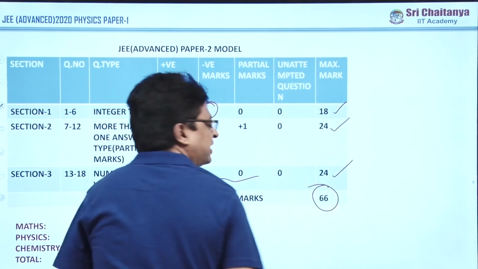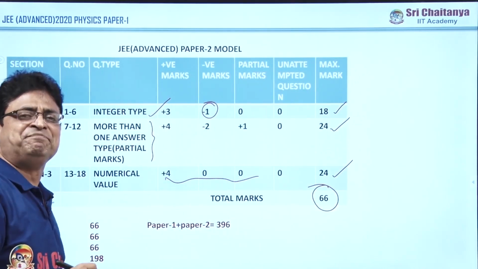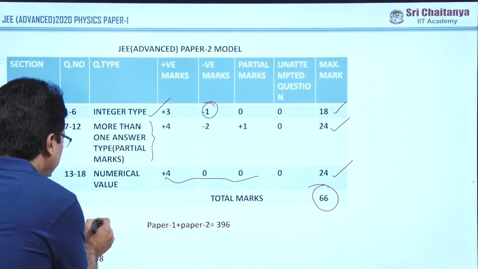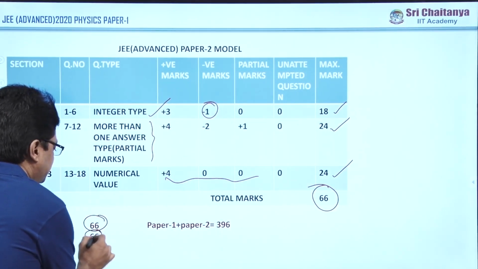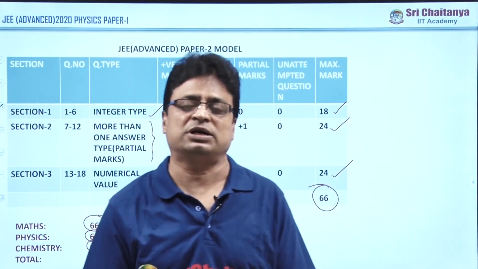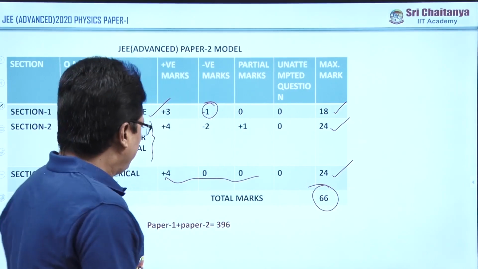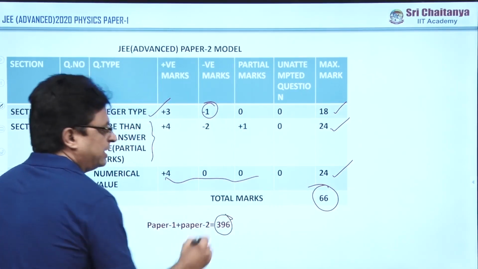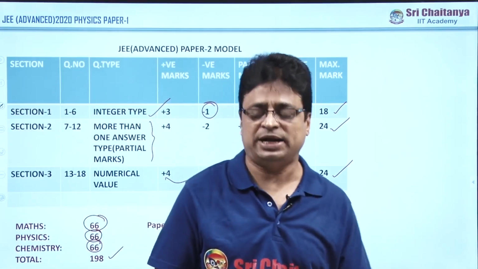Altogether, the paper was conducted for 66. This is about Paper 2. Similarly, mathematics was 66, physics 66, chemistry 66. Altogether, the paper was conducted for 198 marks. So Paper 1 and Paper 2 together, they have conducted the examination for 396.